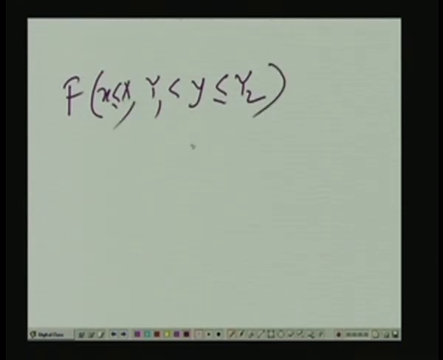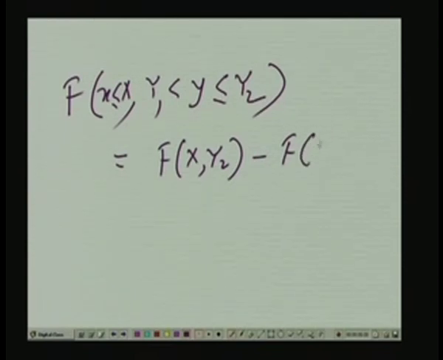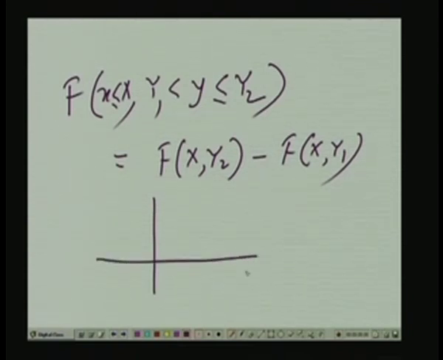I do not think I have to repeat anything. You can just apply the same logic and get this. This will be what? y2, this is the larger one, minus y1.